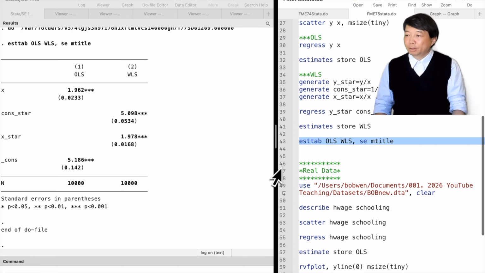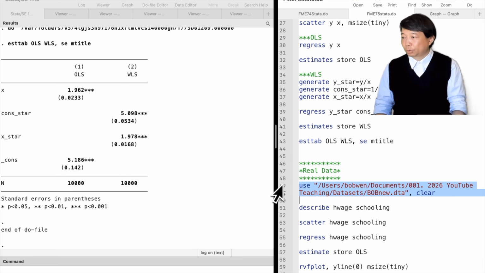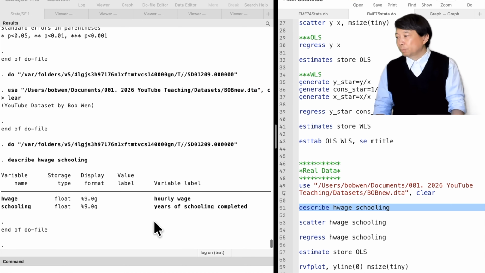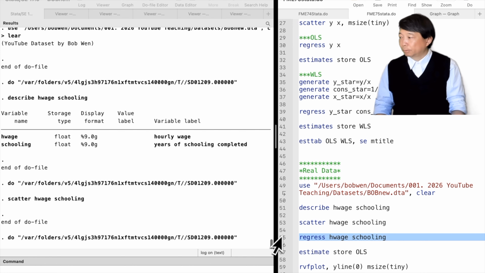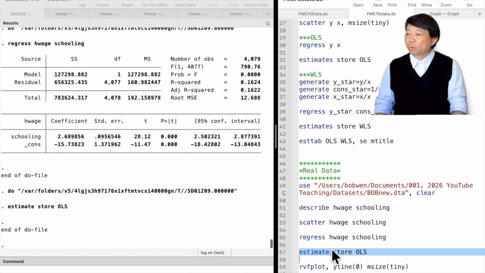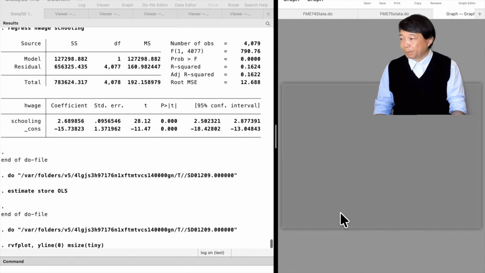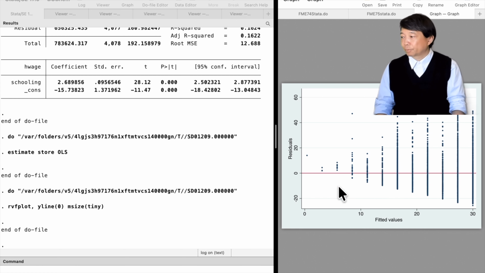We use the hourly wage example to illustrate that the weighted least squares method could lead to smaller standard errors of the estimates than the ordinary least squares method. The model relates workers' hourly wages to their years of education. After WLS estimation, we can use the residual versus fitted plot command to find the pattern of the residuals. It exhibits heteroskedasticity.